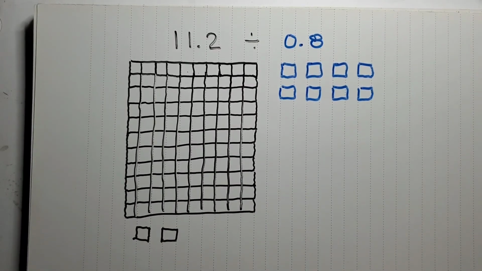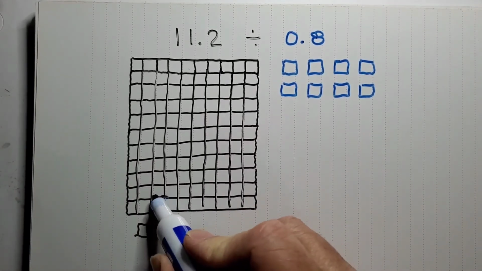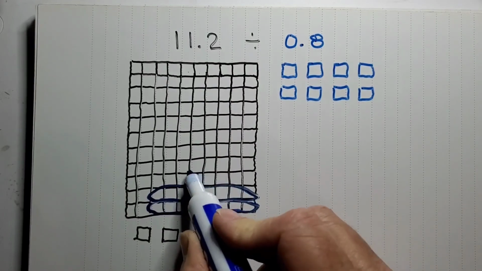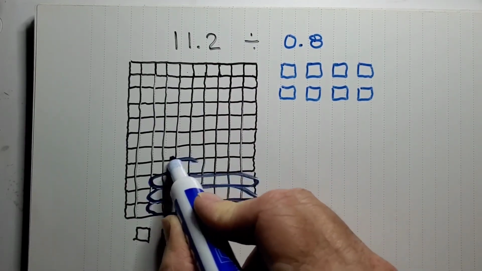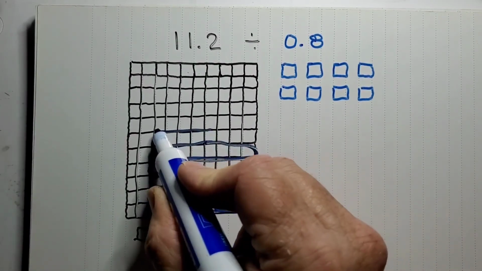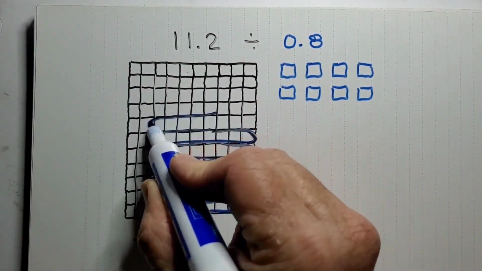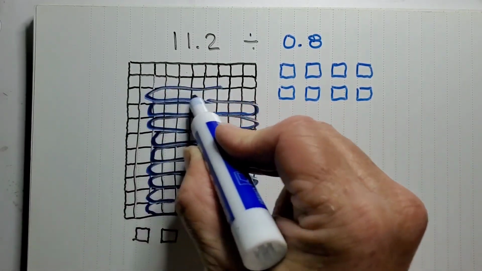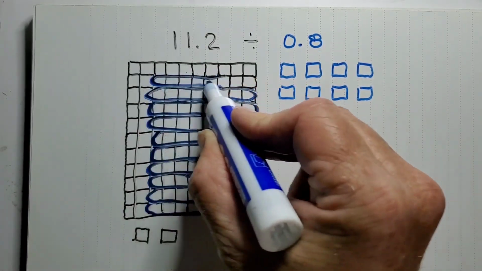Let's check it out. So we have 1, 2, 3, 4, 5, 6, 7, 8, 9, 10.